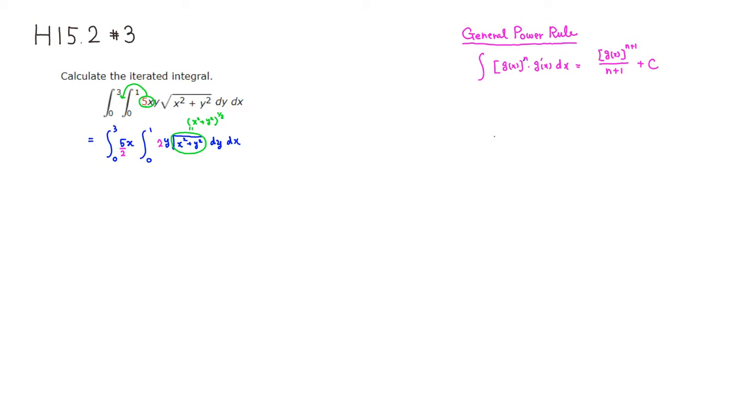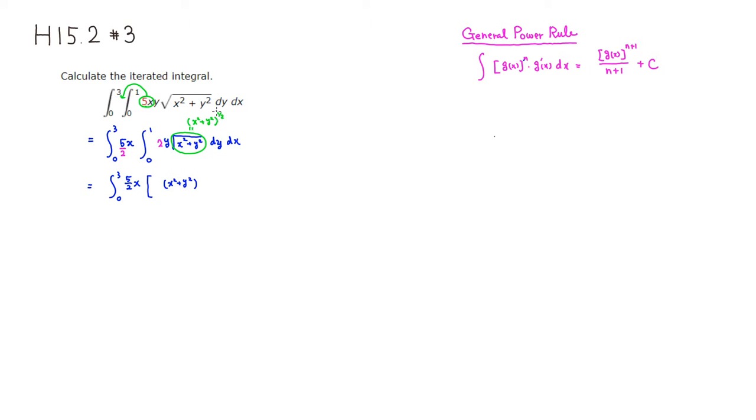Using the general power rule, we can evaluate this integral by copying this part down. Whatever is inside, x squared plus y squared, is raised to the n plus 1.